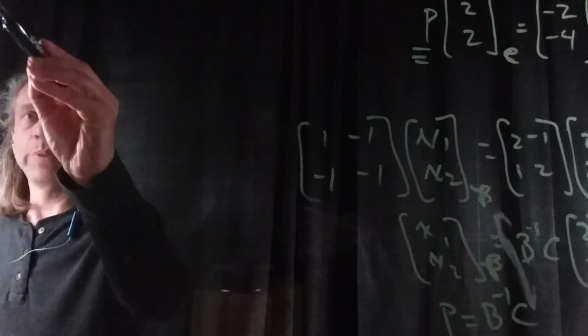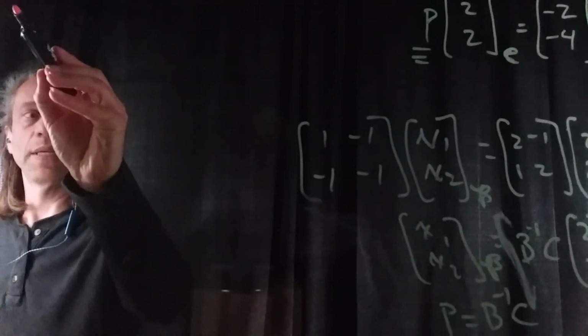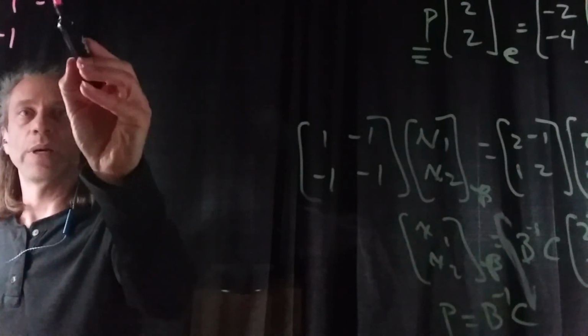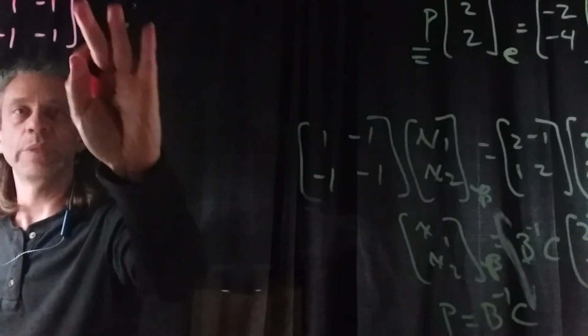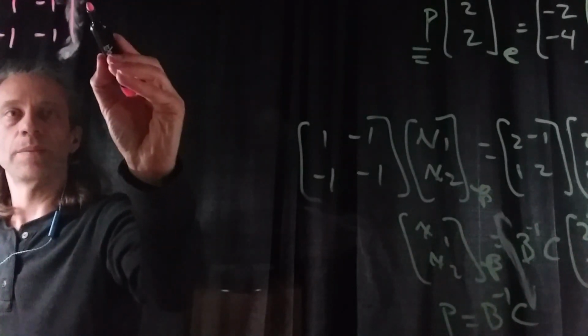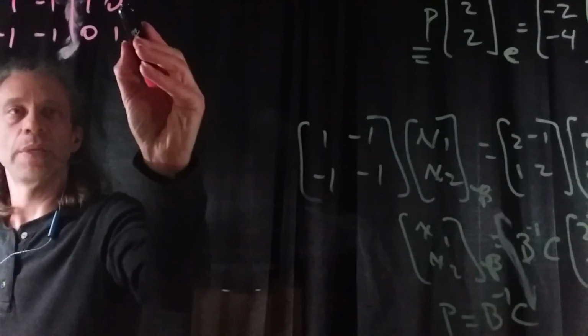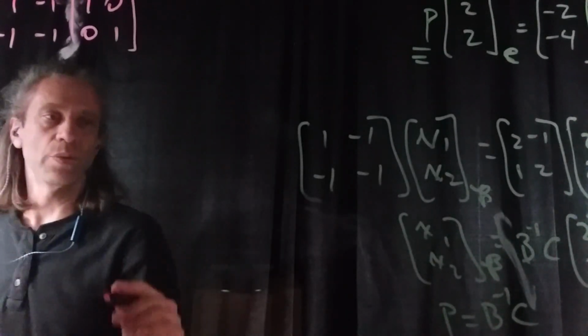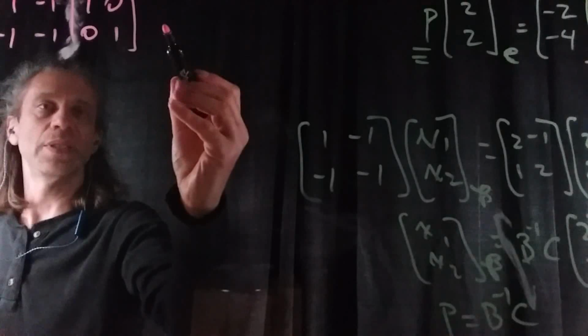B inverse we can find again by row reduction. There's B. We need to augment the identity matrix, and then we just go through the exact same row operations we did before.